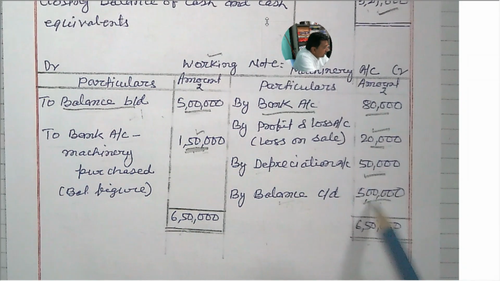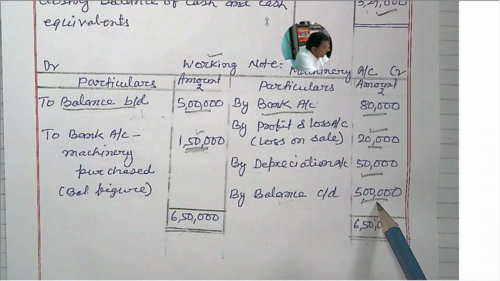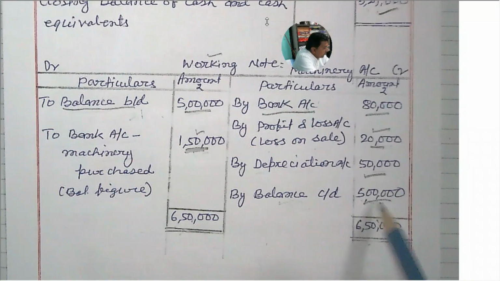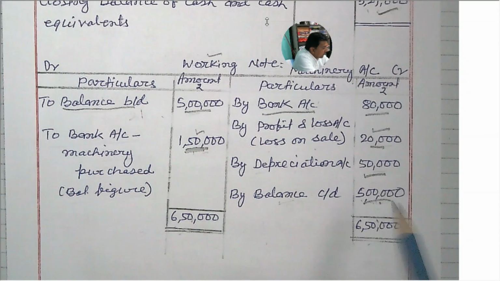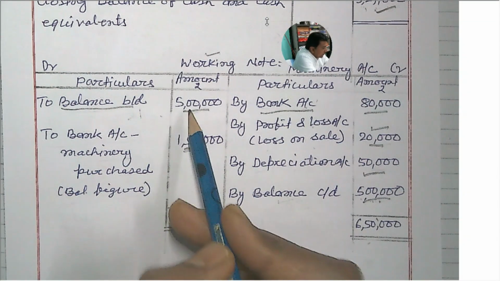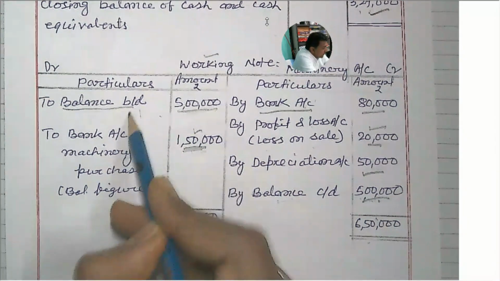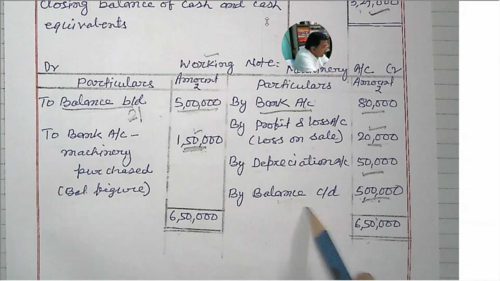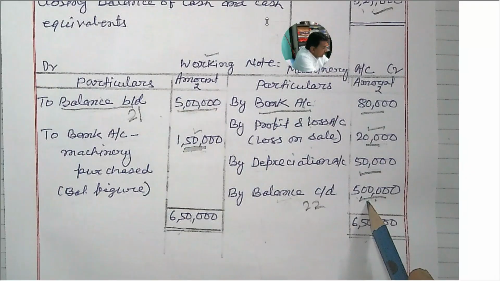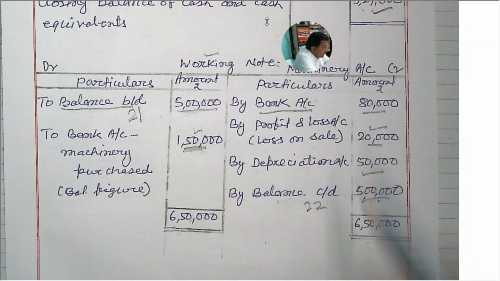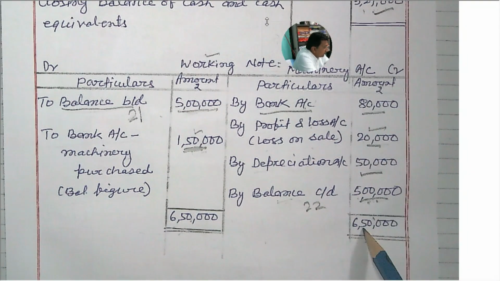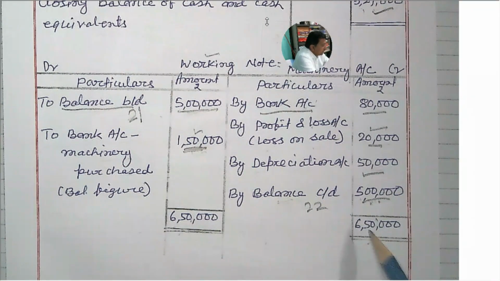And this is the closing balance. The closing balance of 2022 is the machinery balance appearing in the column 2022. That balance always appears here; the 2021 balance is the opening balance and the 2022 balance is the closing balance. When we add it, the total is 6,50,000, which is greater than 5 lakh.